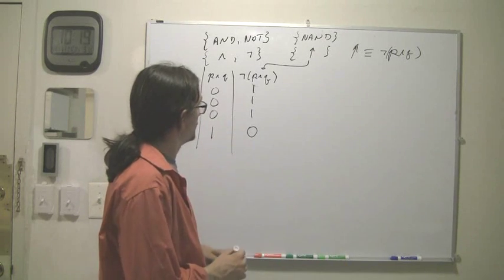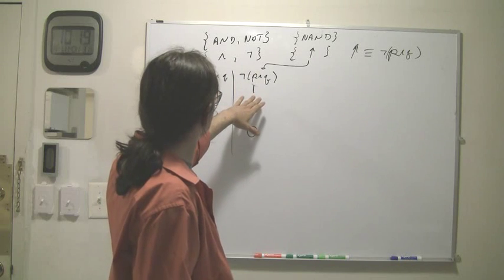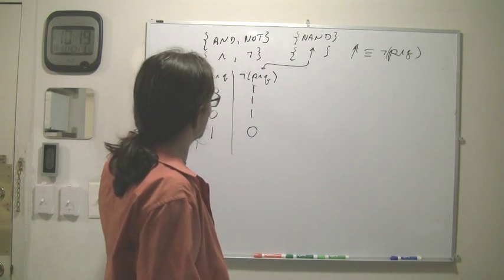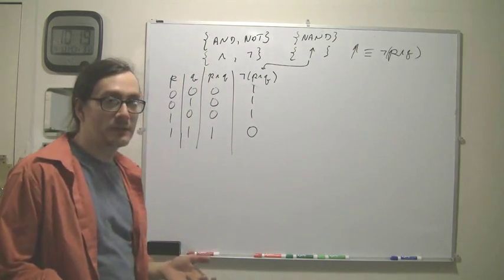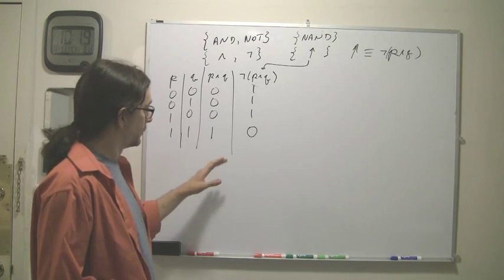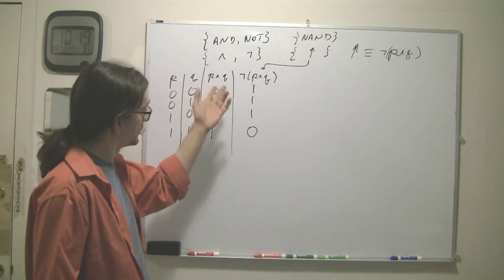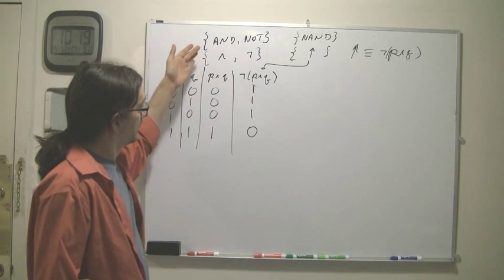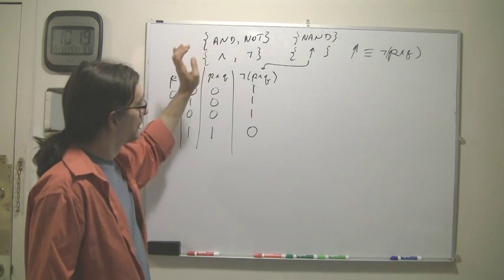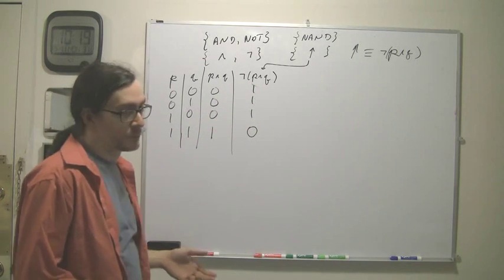So what can I do with that? How can I combine NAND with itself to write any Boolean function? Now, I could try to do this from scratch and find a way to start from a Boolean function or an expression in predicate logic and go straight to writing it in terms of NANDs. But that's not the most practical way.